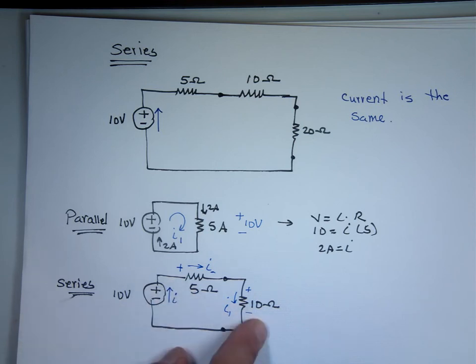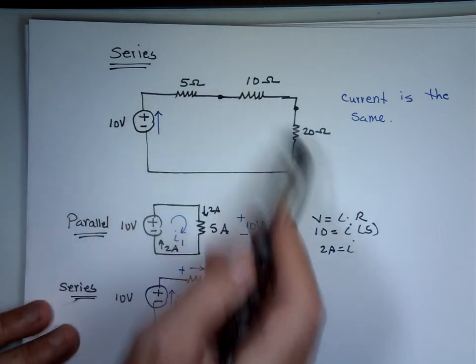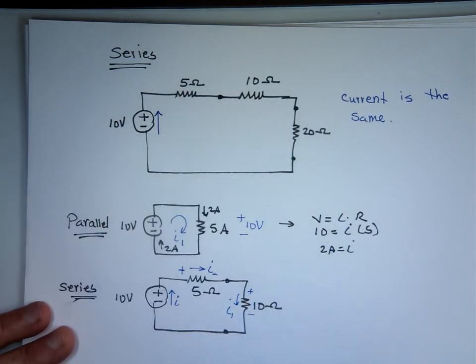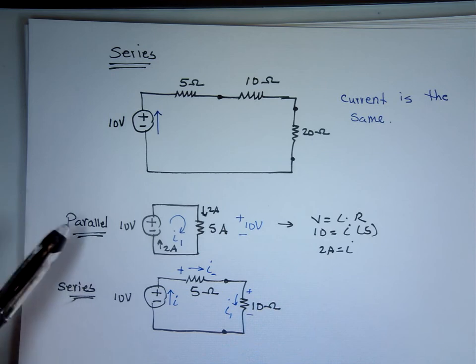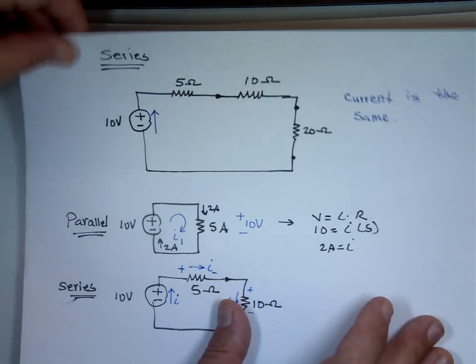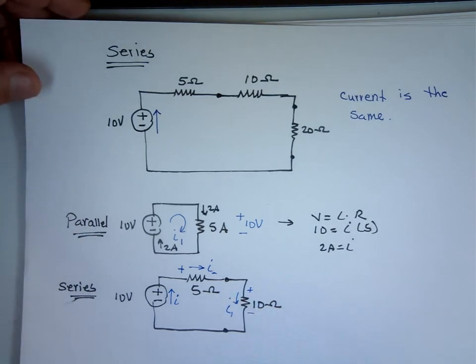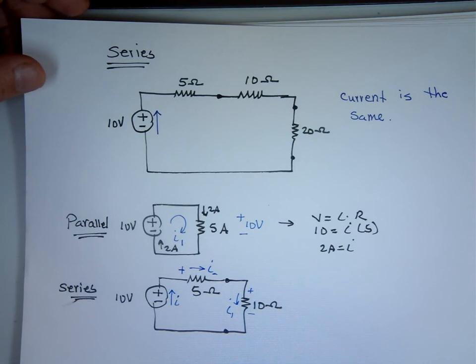Can you combine them into a single resistor? And what's the value of that resistor? When you have, like these guys here, yes, I can combine them into one resistor. When you have resistors connected in parallel, or a combination of that, I can combine them into one single resistor. We'll talk about parallel, series, configuration, how to combine them. We'll also talk about current division, voltage division next time.